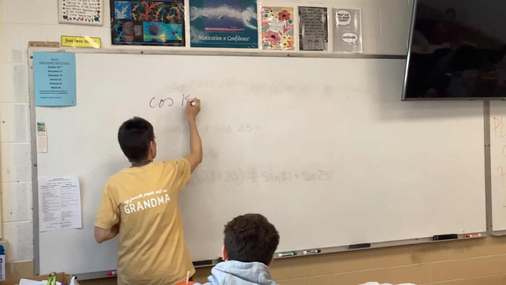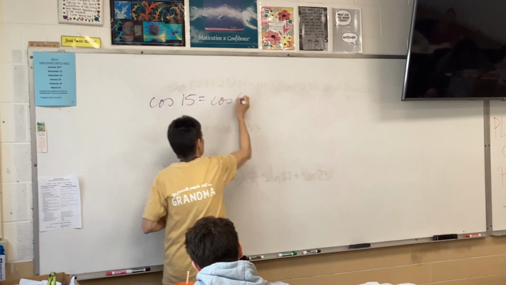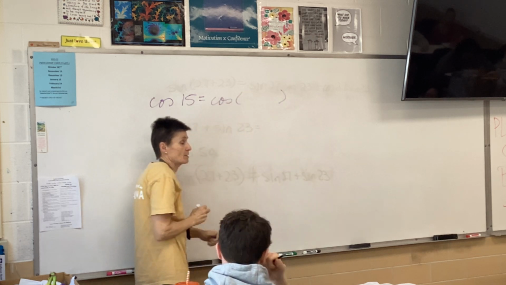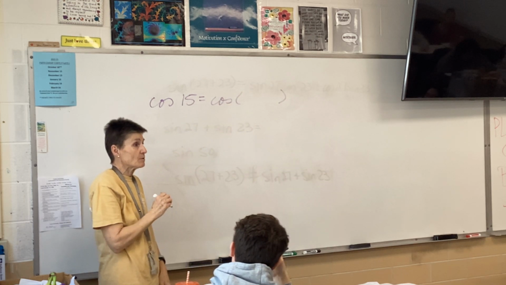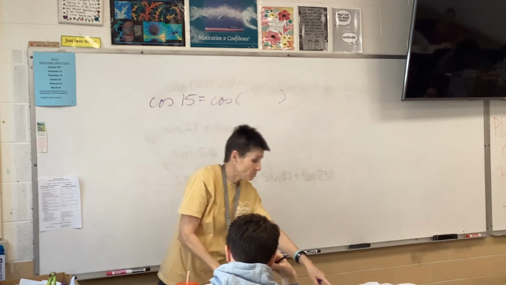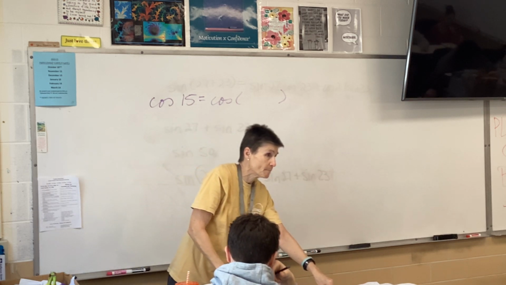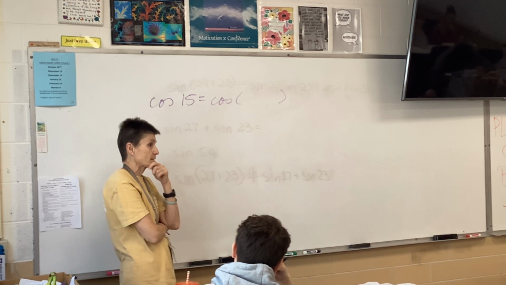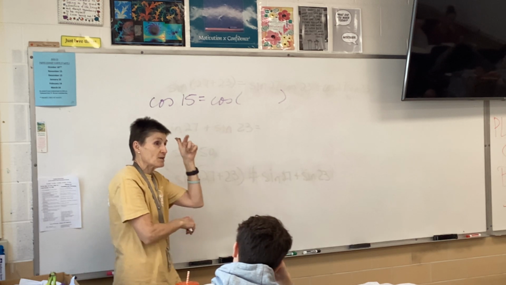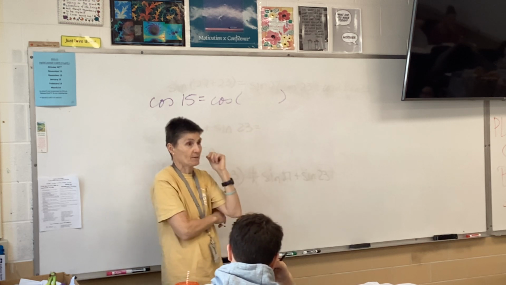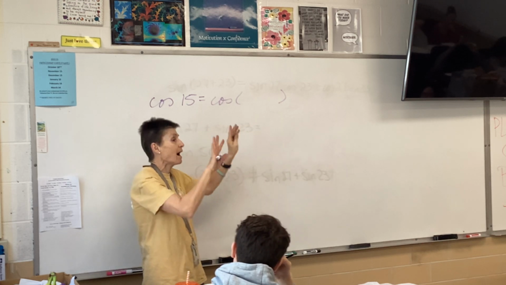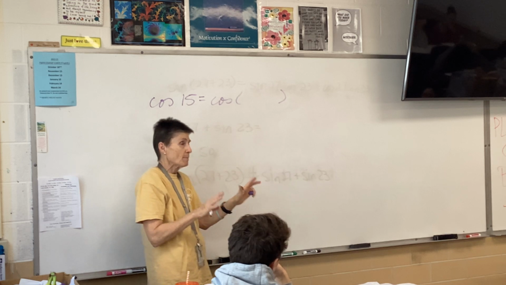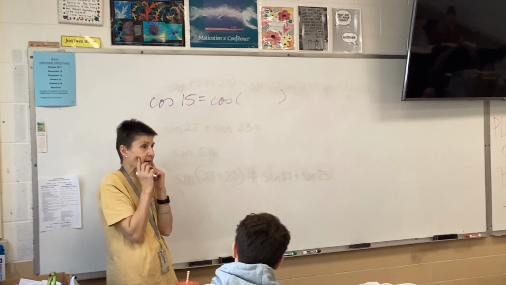Can 15 be broken apart into either a sum or a difference, because that's what you got here, adds and subtracts. Can you break it apart into a sum or a difference of angles that you can do without a calculator? Like 23 and 27, I need a calculator for those. But think about the angles you can do without a calculator.